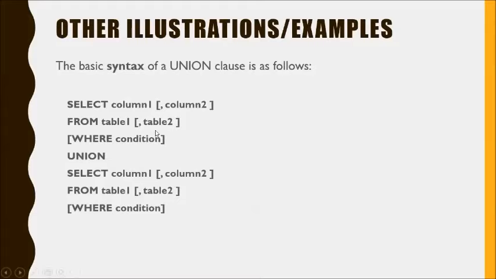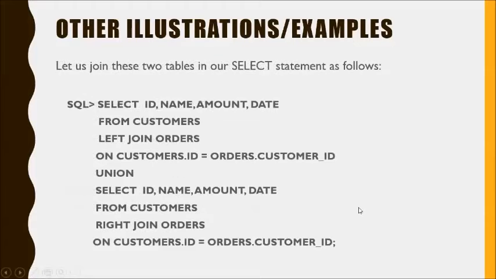So the basic syntax of a union clause is as follows. We have select column 1, column 2 from table 1, table 2, where condition, union, select column 1, column 2 from table 1, table 2, where condition. So let us join these two tables in our select statement as follows.